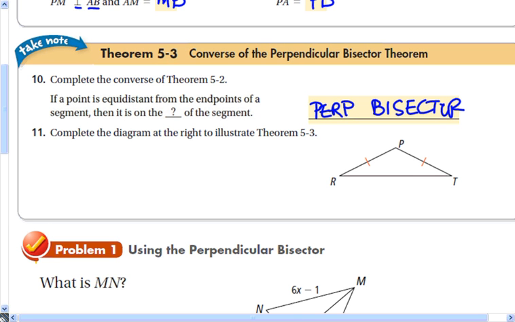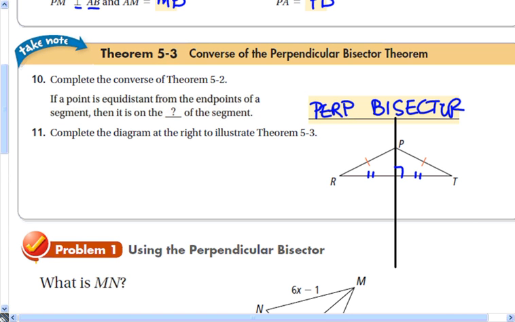So if we're going to complete that diagram to show that, we'll just draw a straight line through the point P, and since the distance from P to R is equal to the distance from P to T, this line right here must be the perpendicular bisector. So that also tells us that those are congruent.